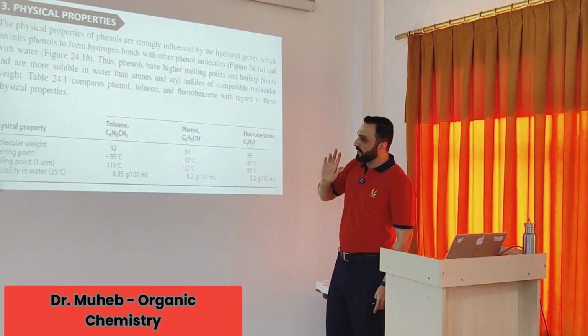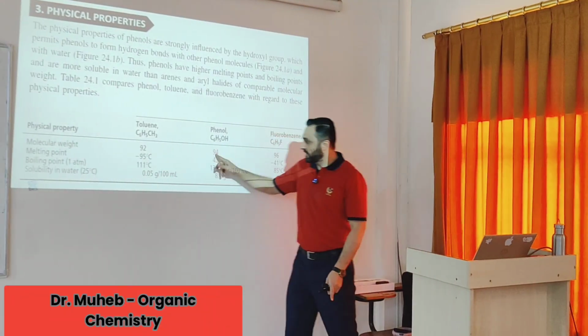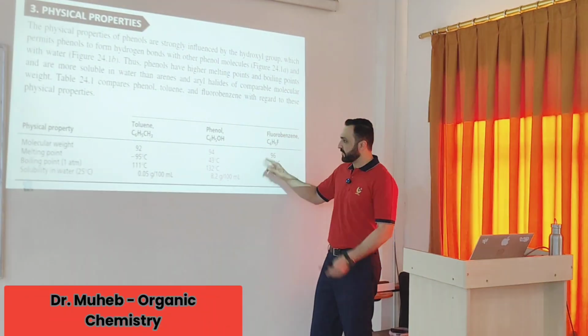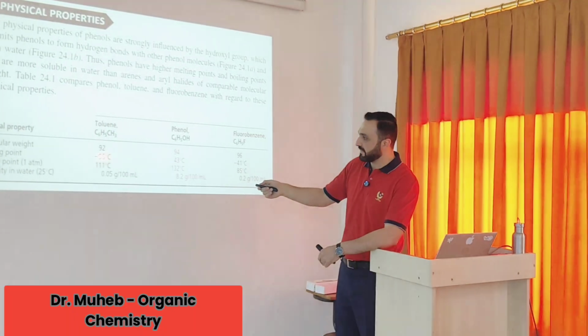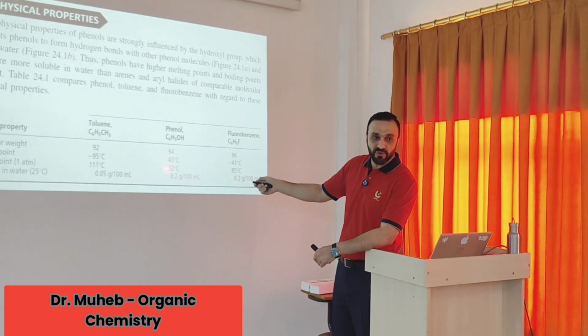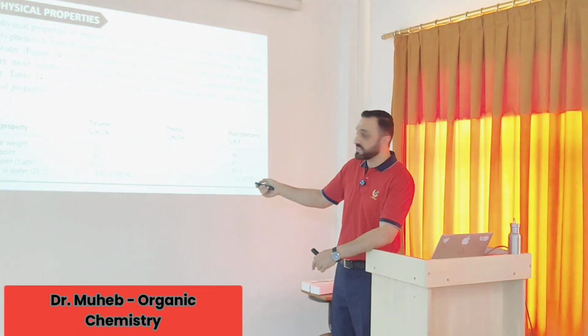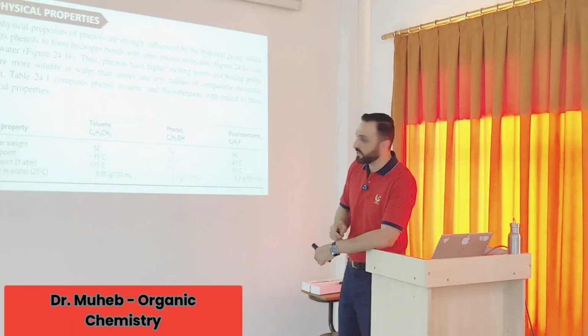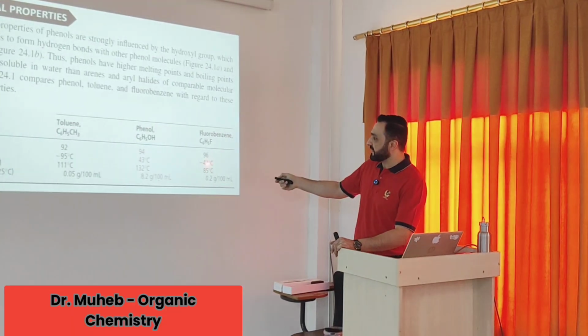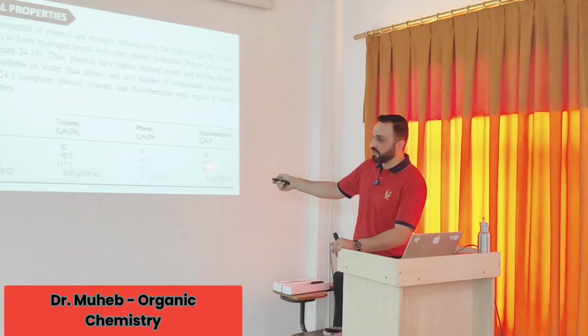Compare, look at the molecular weight. The same molecular weight, only slightly different. Look at the melting point. This is minus 95. Look at phenol: 43. It has a higher melting point than toluene. Look at fluorobenzene: minus 41.